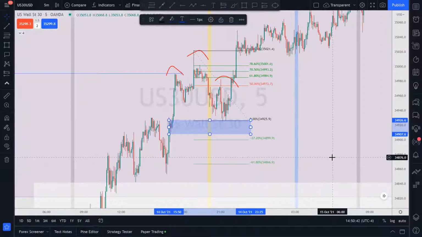The higher time frames are going to tell the lower time frames what to do, but you will see price transition first on the lower time frames. All right, so these are the things you got to keep in mind.